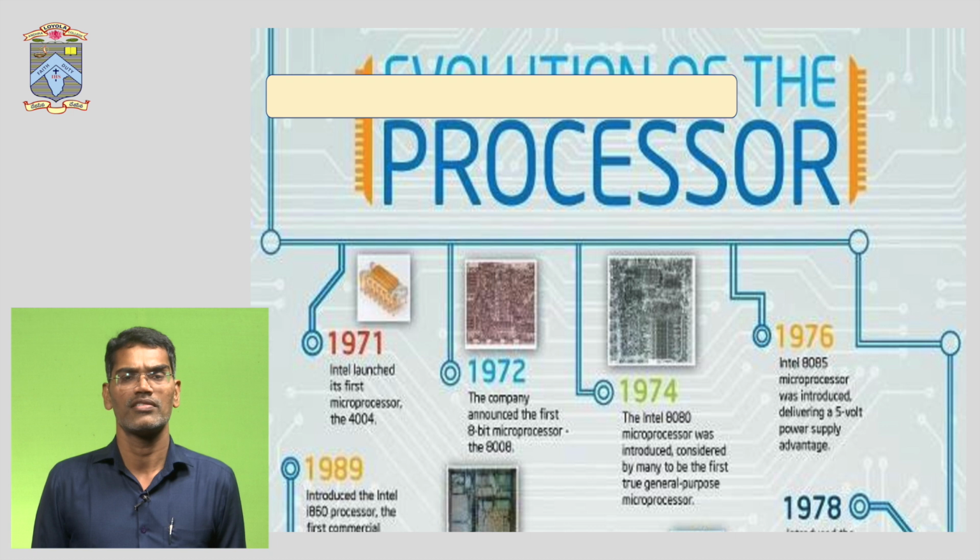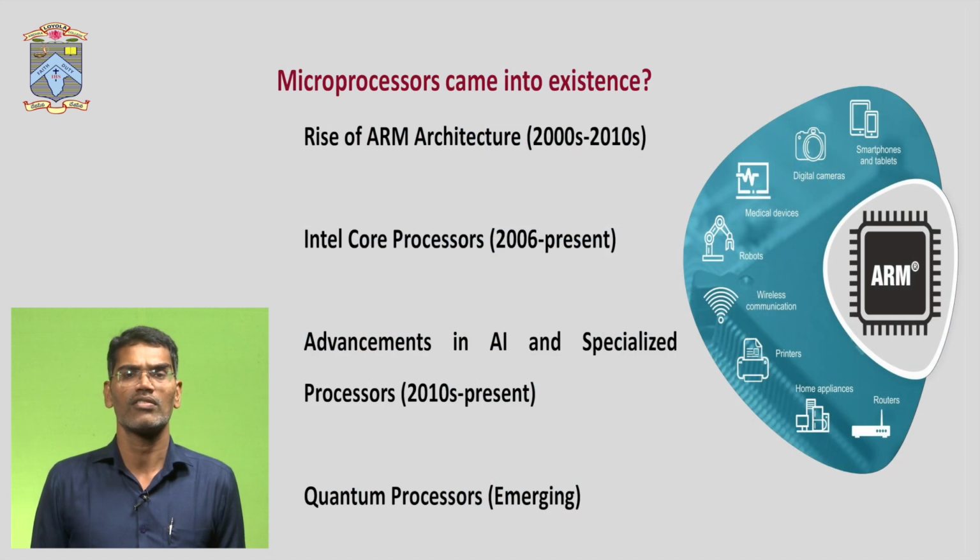Later, the 80186, 286, 386, 486, Pentium processors, core processors, and multi-core processors were introduced by Intel. Not only Intel, many other manufacturers also introduced various types of microprocessors. For example, ARM. ARM is the most popular microprocessor, used in smartphones and tablets.